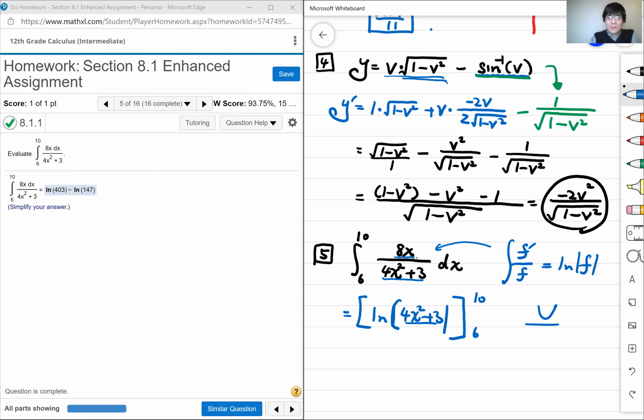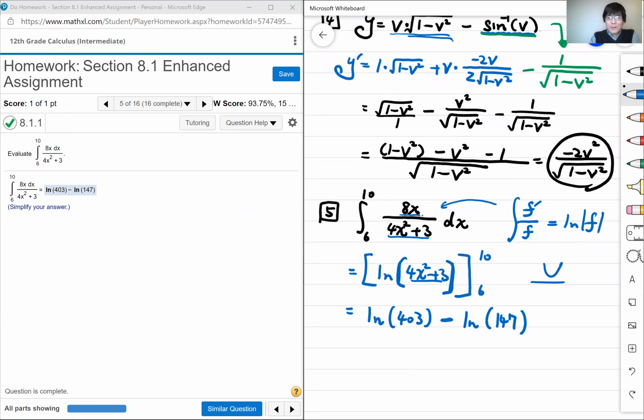So we can replace the absolute value sign with just a parenthesis for this case. Anyway, it's going to be ln of 403 when you plug in 10, minus ln of 147 when you plug in 6. So that's going to be the final answer.